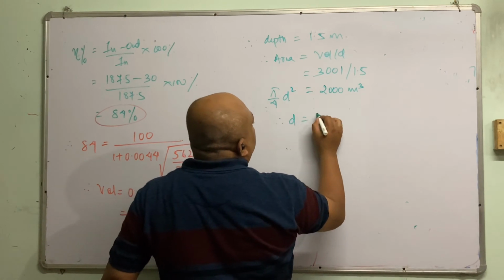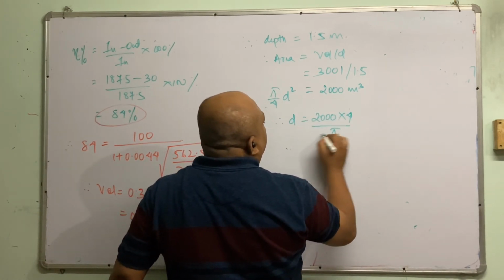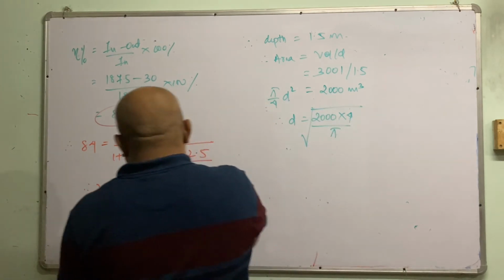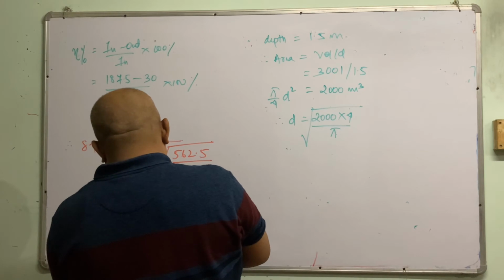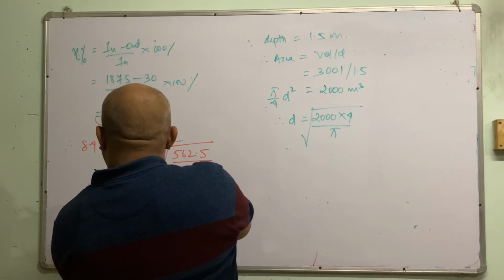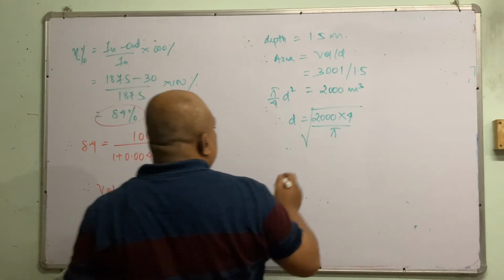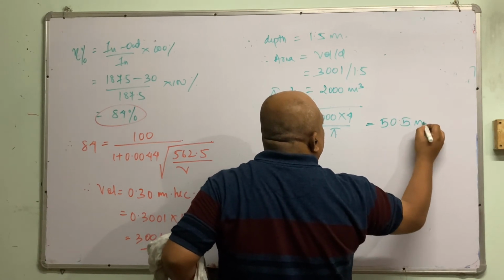Therefore, d is equal to root over 2000 into 4 divided by pi, that is 50.5 meters.